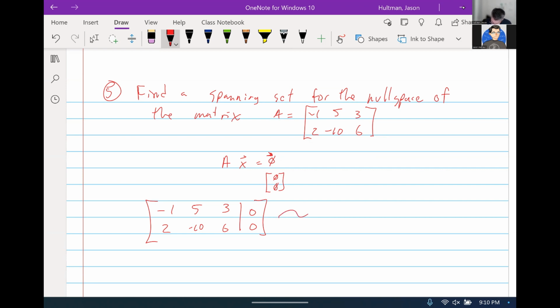So we could do 1, 2 of 2, right? And then we could wipe out the second row. I would get -2, 10, and oops, 6, right?